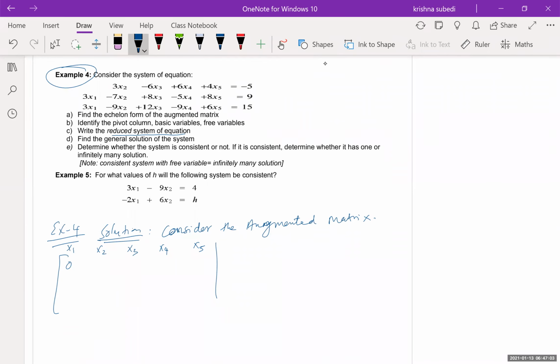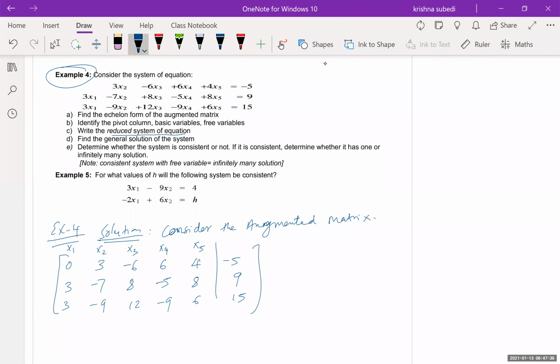So in the first row, you will have 0, 3, negative 6, 6, 4, and negative 5. In the second, we'll have 3, negative 7, 8, negative 5, 8, 9, and 3, negative 9, 12, negative 9, 6, and 15.